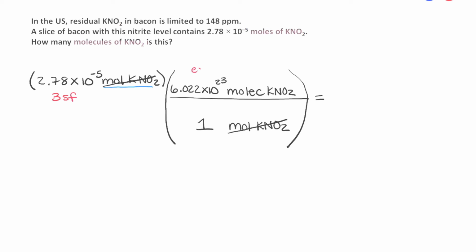And then remember that both parts of Avogadro's number are exact, so we ignore those for sig figs. And when we do the calculation, 2.78 times 10 to the negative 5 times 6.022 times 10 to the 23, we end up with 1.67 times 10 to the 19. Units are molecules. Substance is KNO2.